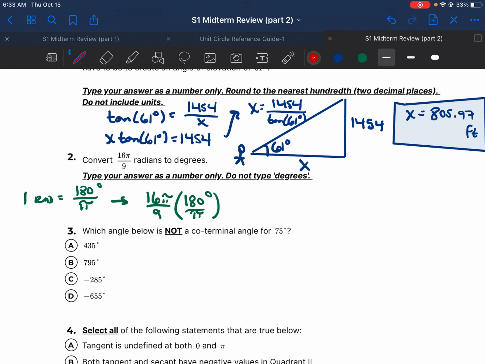Notice here, the pi's will cancel. 180 and 9 can reduce with each other. So 180 over 9 is 20, so we get 16 times 20, which is 320 degrees.